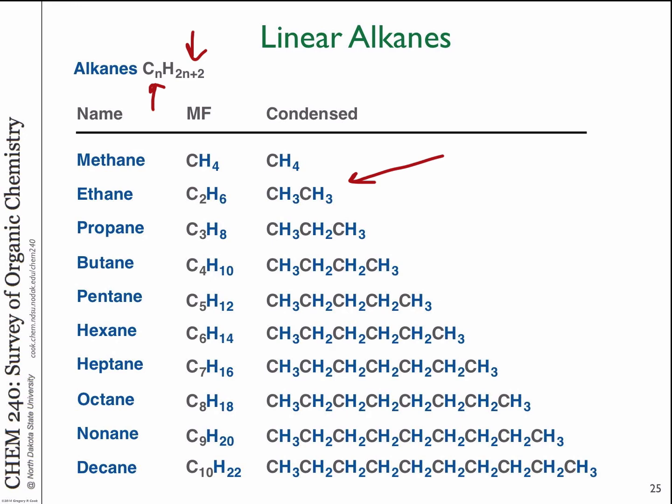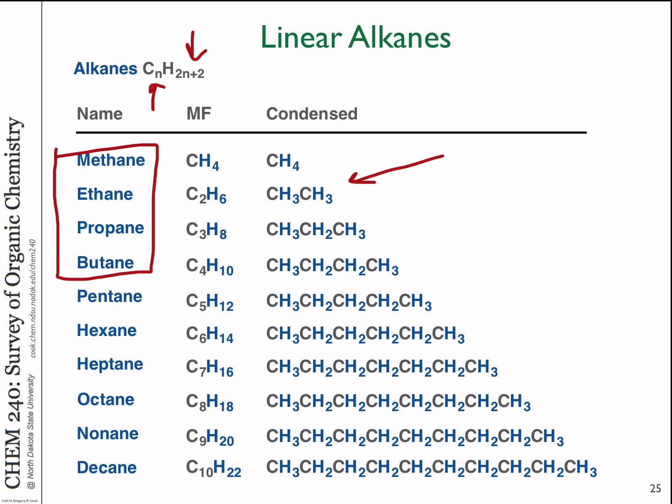A little bit about the naming. The first 4 alkanes have names which originate, I think, from Greek. Methane, ethane, propane, and butane. Those are probably names that you should just remember. Ethane is the 2-carbon chain. Propane has the 3-carbon chain, and butane has the 4-carbon chain. Once you get past that, then it's more systematic, depending on the number of carbons.